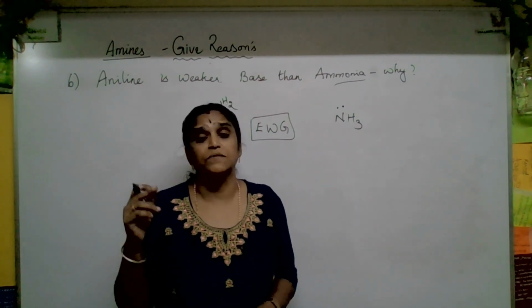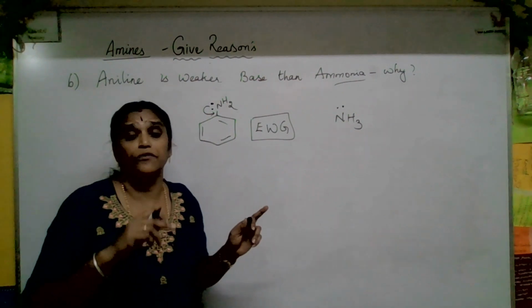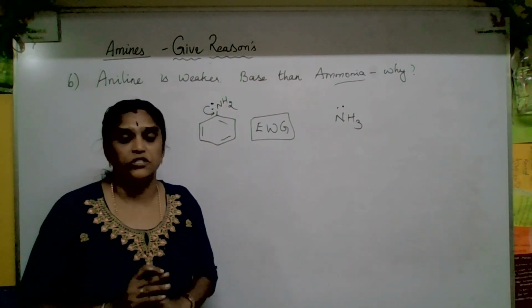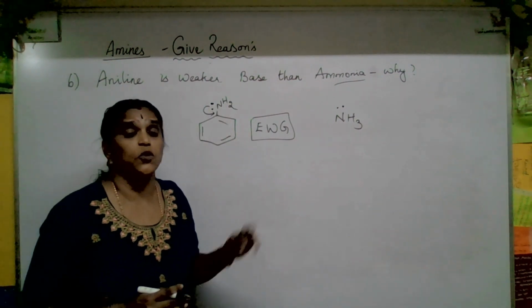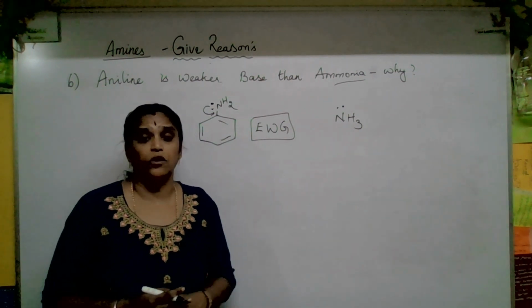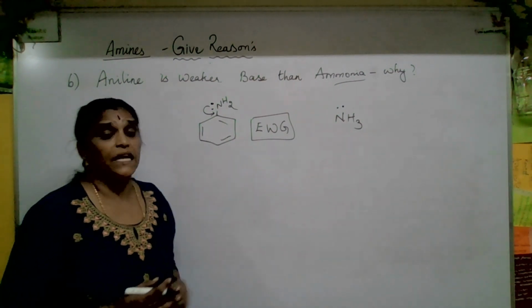The benzene ring has taken the lone pair of electrons for the resonance structure. The lone pair involved in resonance is not allowed to be donated to the proton, so it does not get proper basic character.